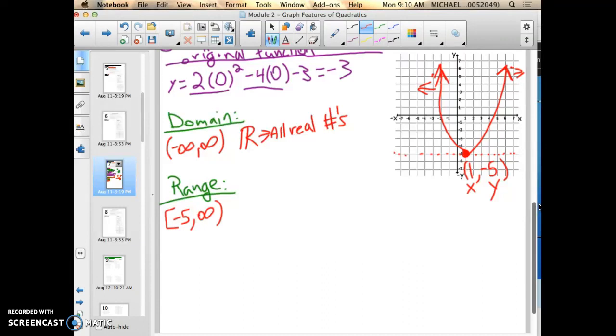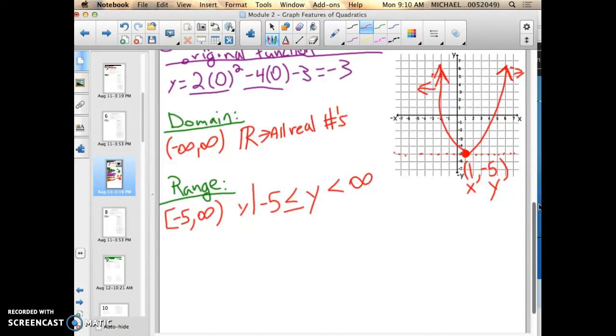Another way you'll see this written is for all y values, y is greater than or equal to -5 and less than +infinity.